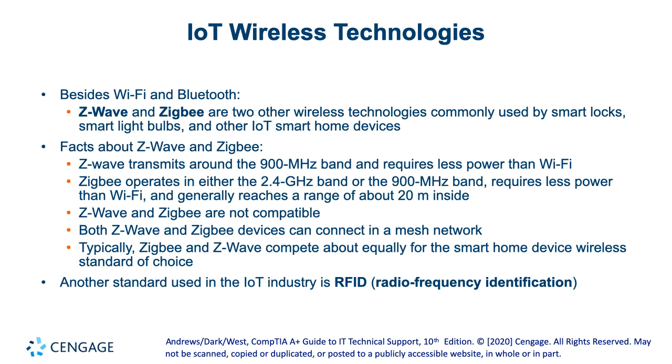All right, so besides Wi-Fi and Bluetooth, we have Z-Wave and Zigbee. They are two other well-known wireless technologies that are commonly used for smart devices, smart networks, Internet of Things. They can be used for smart locks, smart light bulbs, and other devices.